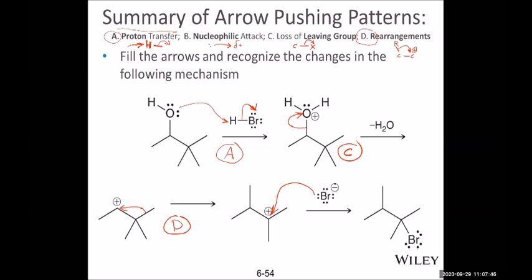Because the bromine uses a lone pair, it no longer has a negative charge, and this carbon gains the pair of electrons from the bromine and becomes neutral. So this is one step. It is a nucleophilic attack, Type B in the reaction.